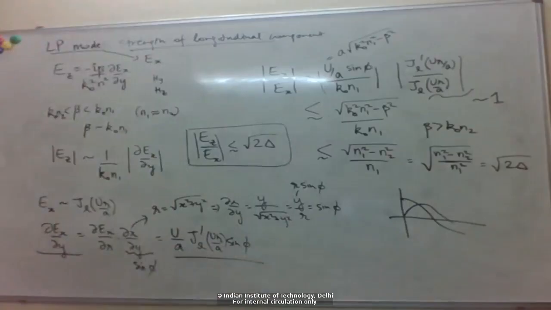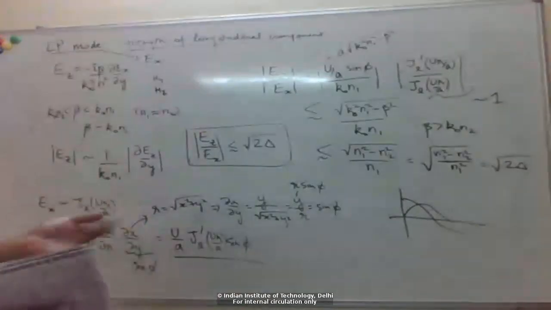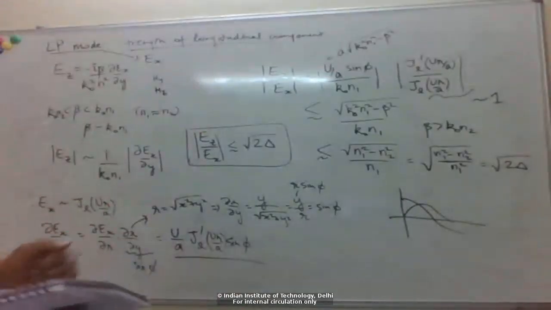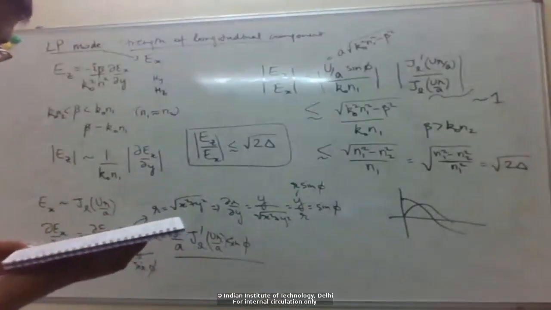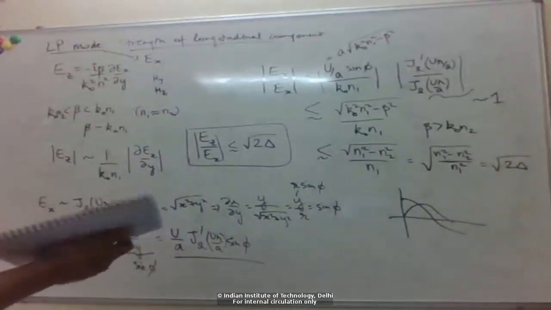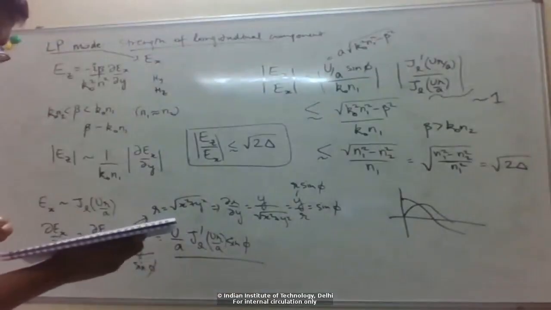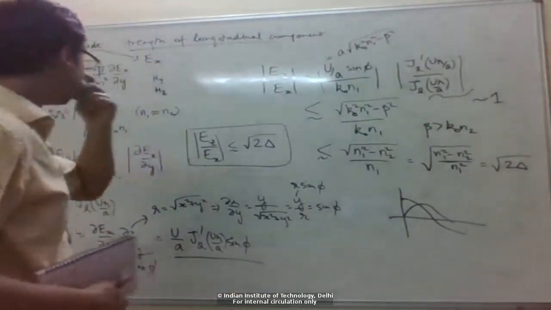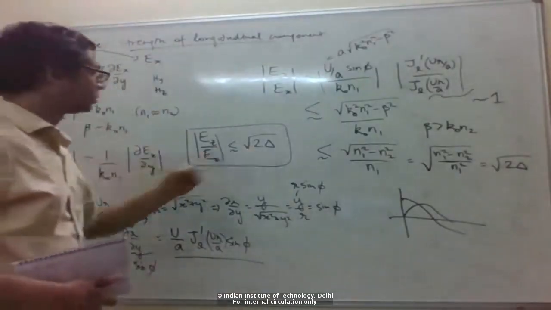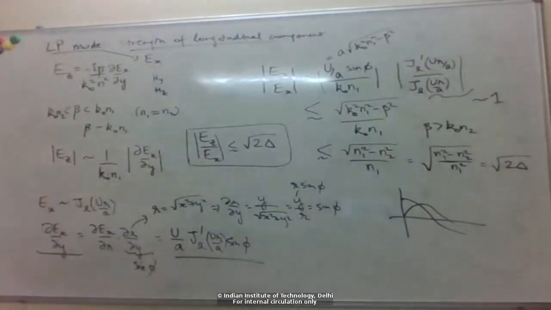That's why I study them, because they are much simpler to handle than the actual vector modes, as they are called. So we'll briefly look at that in the next couple of classes. But this shows that this is a good approximation for small delta.